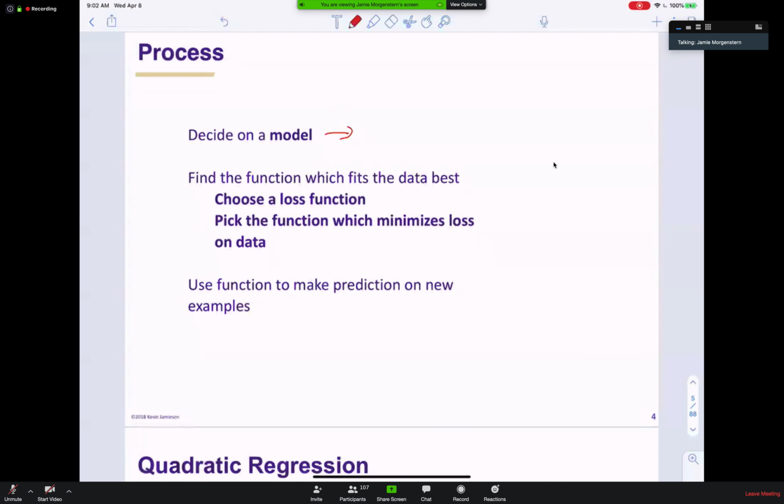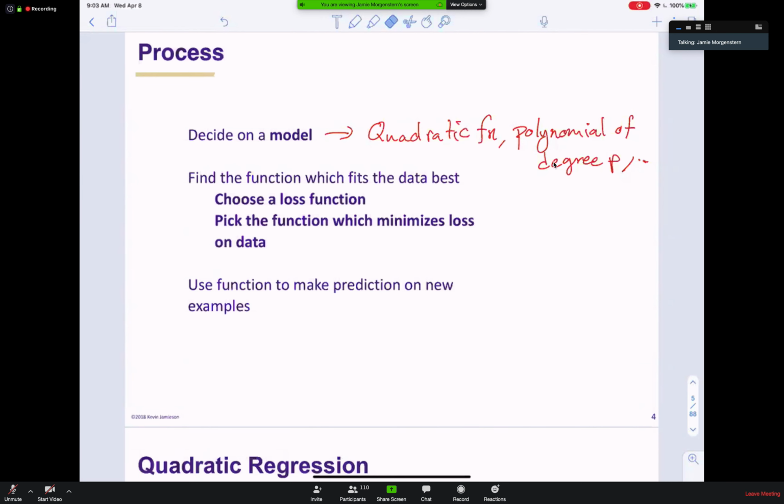We're going to think about maybe using, for example, a quadratic function, or more generally, maybe some polynomial of degree p, or something else.